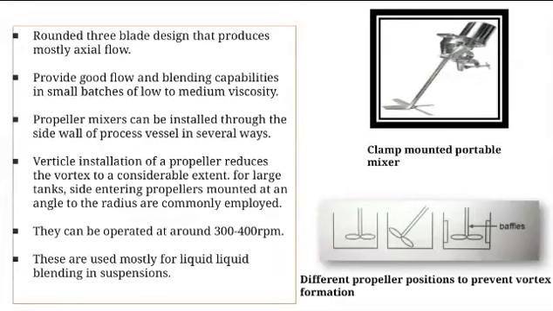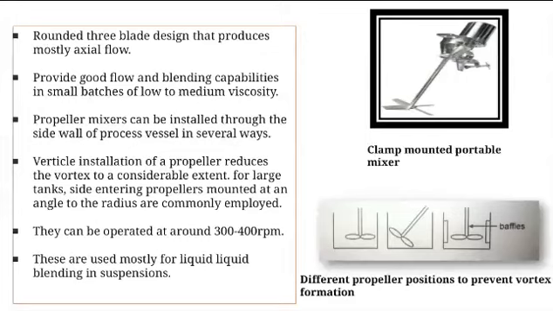The propeller mixer can be installed through the side wall of the process vessel in several ways. Vertical installation of the propeller reduces the vortex to a considerable extent. For large tanks, side-entering propellers mounted at an angle to the radius are commonly employed.